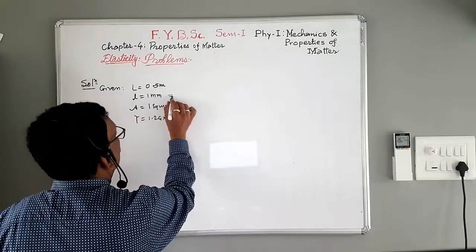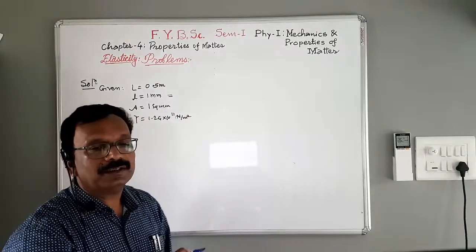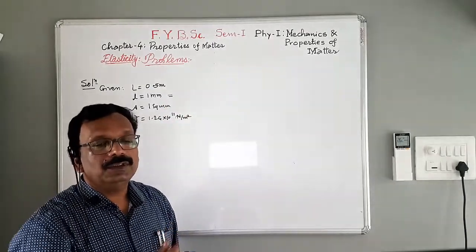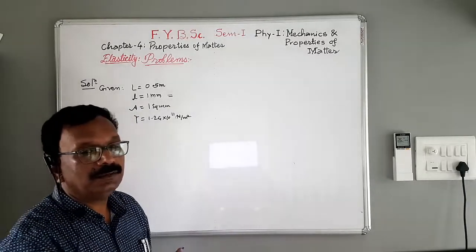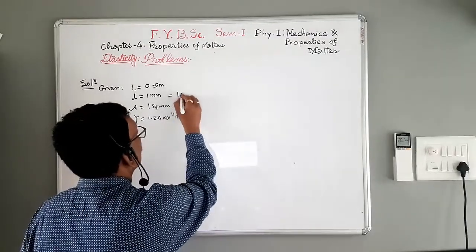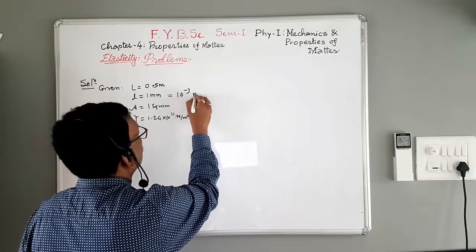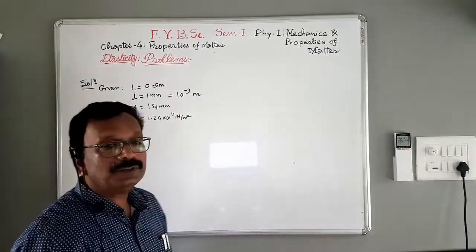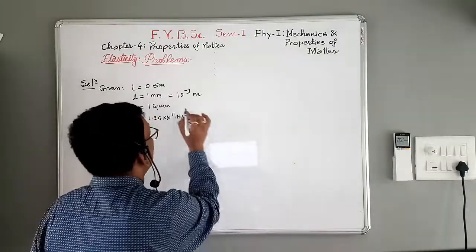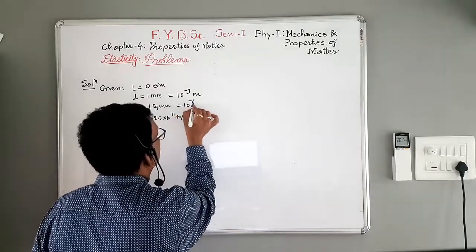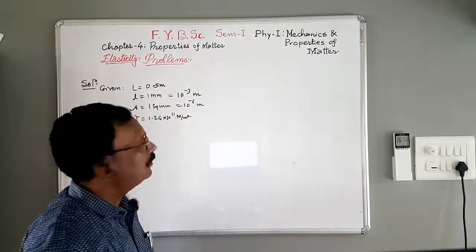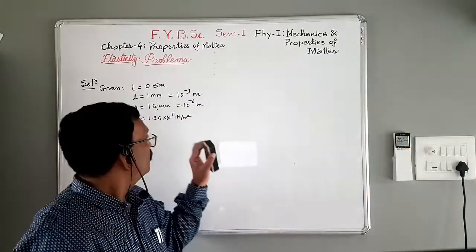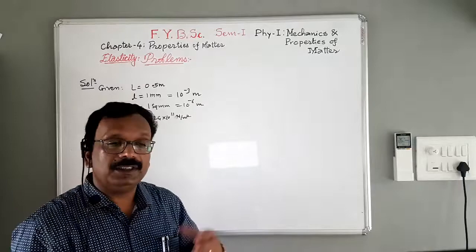So, conversion of 1 millimeter into meter is nothing but 10 raised to minus 3 meter. Okay. Now, conversion of 1 square millimeter into square meter is equal to 10 raised to minus 6 meter square. Okay. This is the given in the problem.